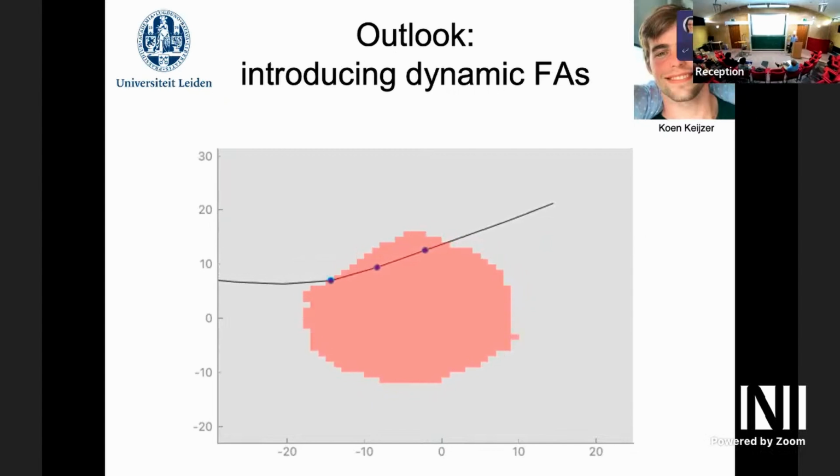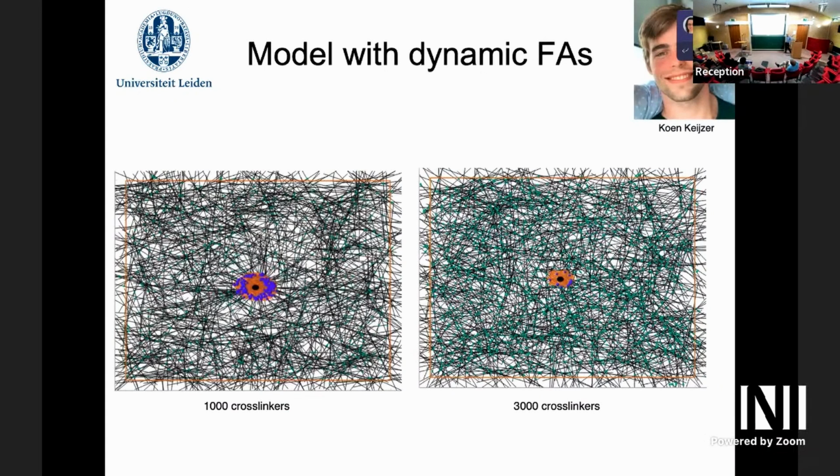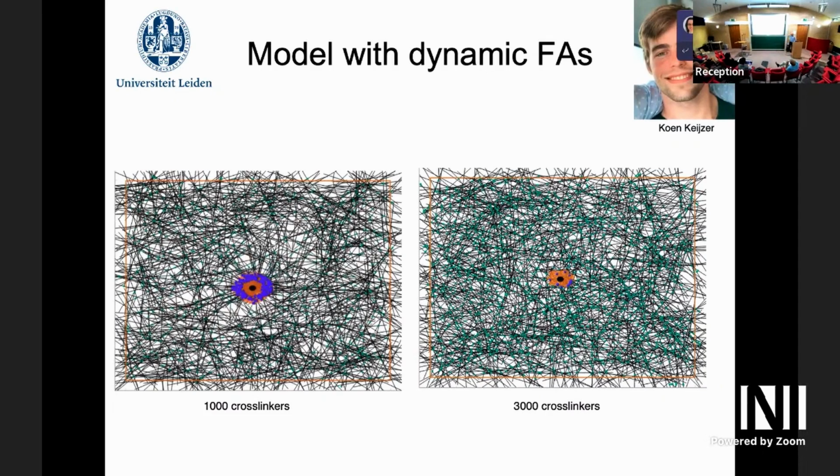All right. So he has this additional spring now, and he can now model cell spreading using that. We're not yet at cell elongation.